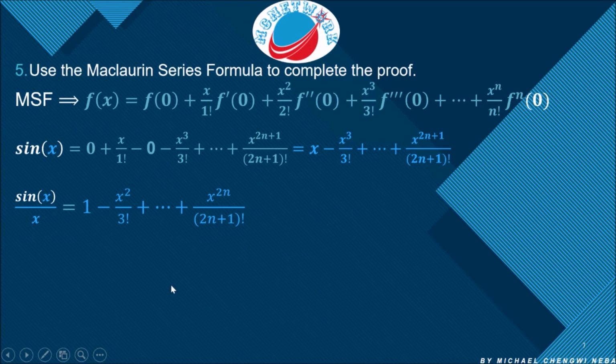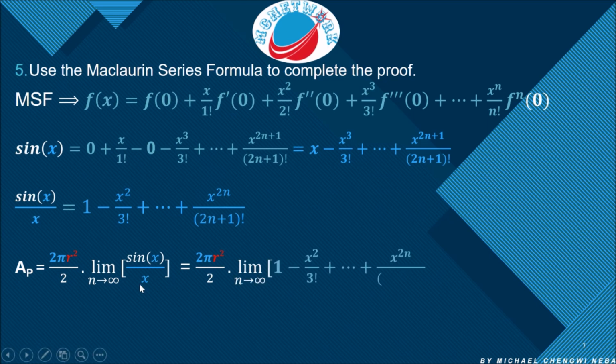which will be equal to 2 pi r squared divided by 2 multiplied by the limit of sine x over x as n tends to infinity. Here we have to put in the constant outside, and this will be equal to 2 pi r squared over 2 multiplied by the limit as n tends to infinity of this expression, because we replace sine x over x by this expression.